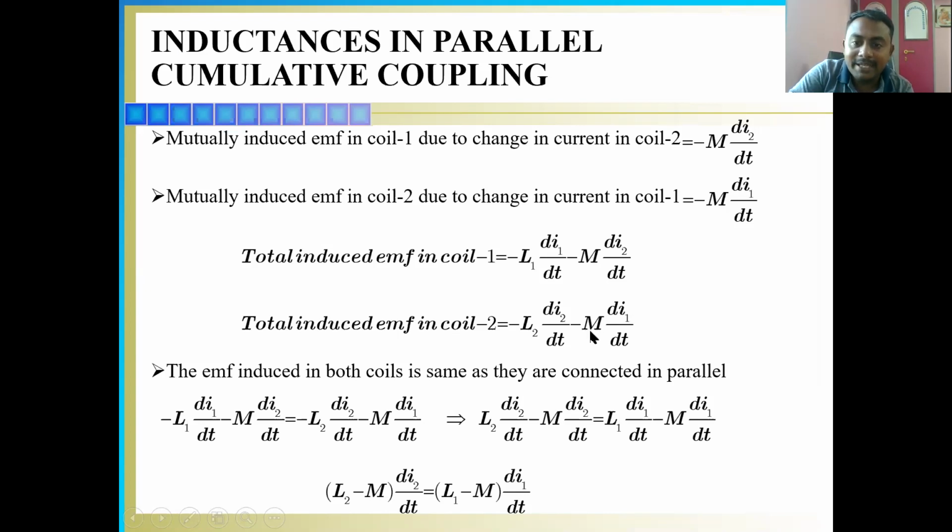In a parallel circuit, the voltage across both coils must be the same, so I equate these two. I take the di2 by dt terms on one side and the di1 by dt terms on the other. Taking di2 by dt common, I get L2 minus M. Taking L1 di1 by dt common, I get L1 minus M.